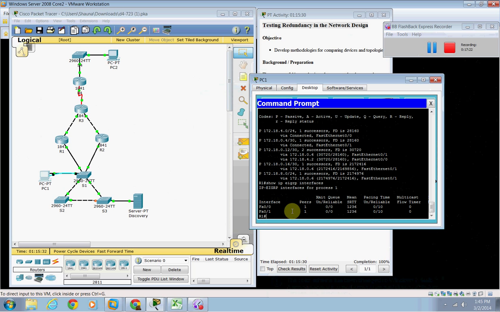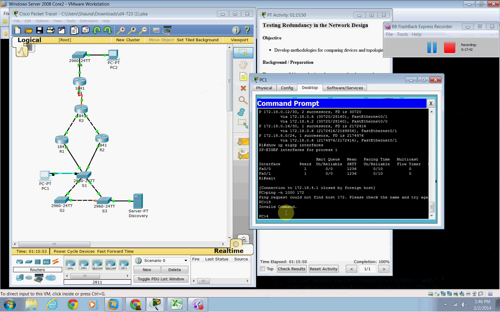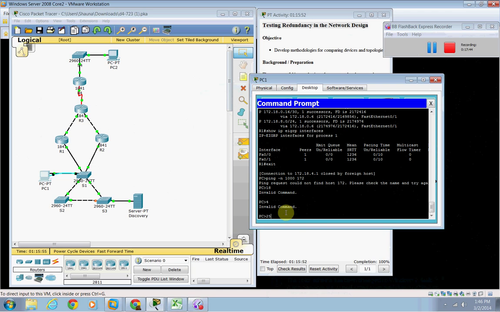So now we're going to exit out of this, and from PC1, we're going to enter a ping -n 1000 172.18.4.25.